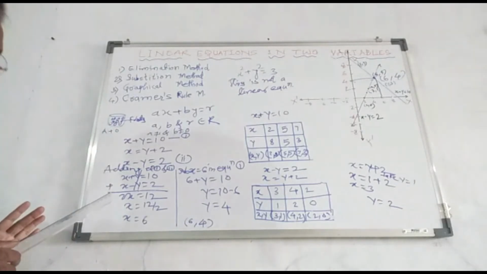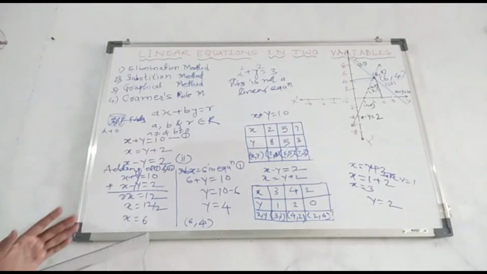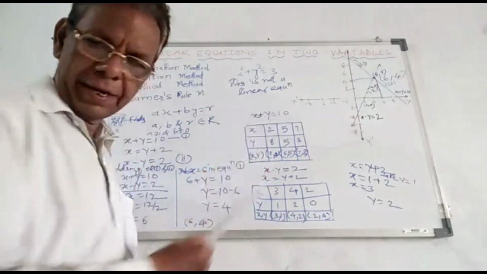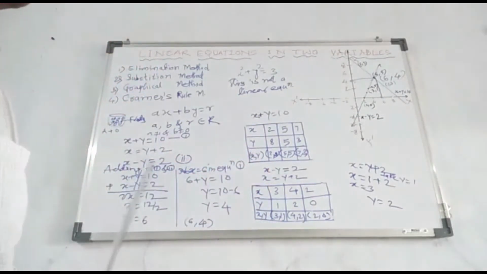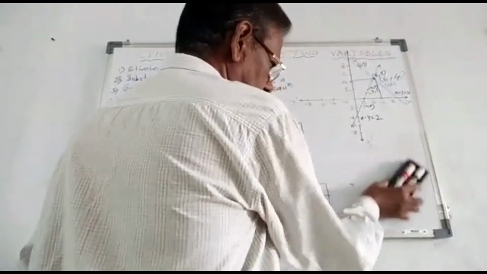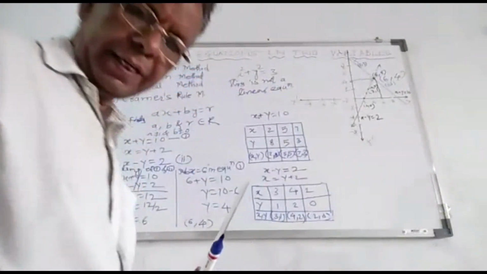Now the same result we will get by the graphical method. So the first equation is x plus y equal to 10. Find 3 pairs.